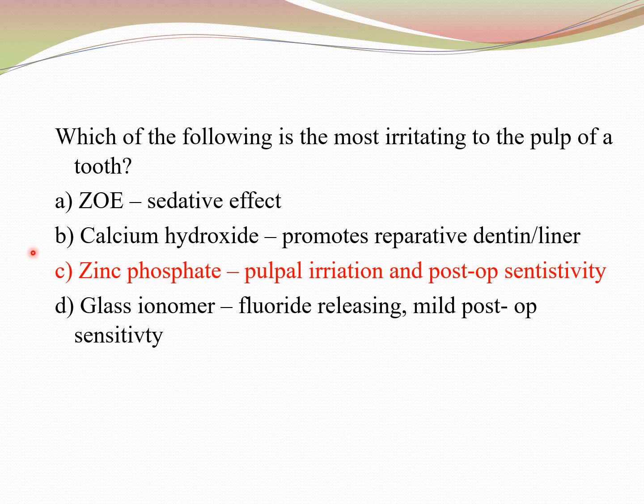The calcium hydroxide promotes reparative dentin. Remember, that was our Dycal or a liner. And the glass ionomer is fluoride releasing. It might have a little bit of sensitivity, but it really does help. We like that for the post. We can use it for direct bonding to a tooth. We just have to watch out for the moisture.